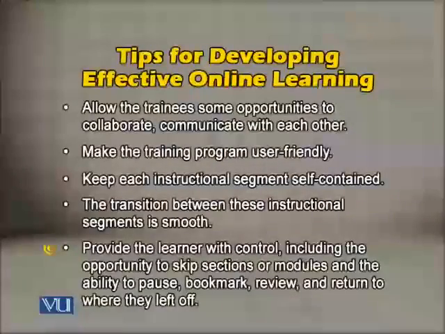And the transition between these instructional segments should be very smooth. Another thing that you have to take into account is that you should provide the learner with control, including the opportunity to skip sections or modules and the ability to pause, bookmark, review, and return to where they left off. So you should provide all these possibilities to the learner, that these things should be in his or her control, that if they want to stop, if they want to review something, they can play it back again, they can read it again.